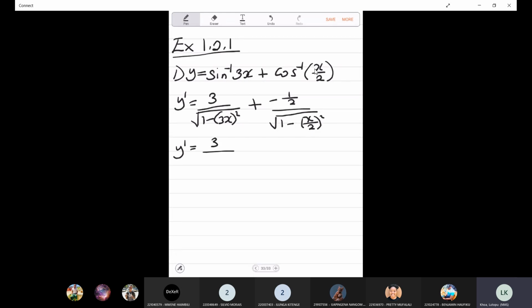This is 3 over the square root of 1 minus 9x squared minus 1 over 2 square root of 1 minus x squared over 4. Okay, so there's no need to combine these as a single fraction. That is good enough.